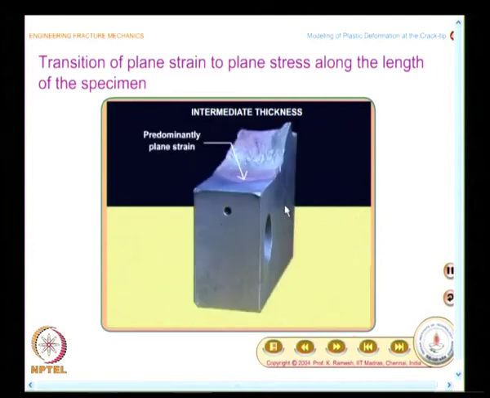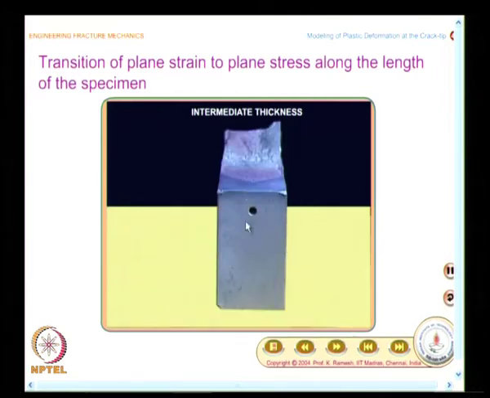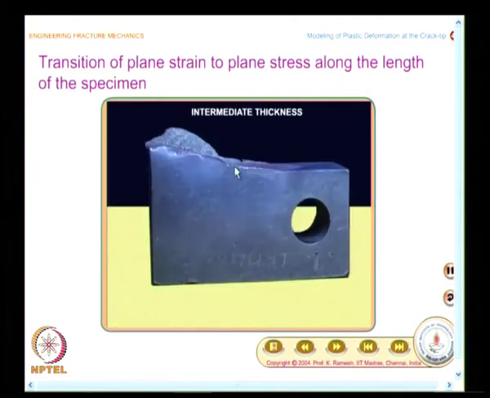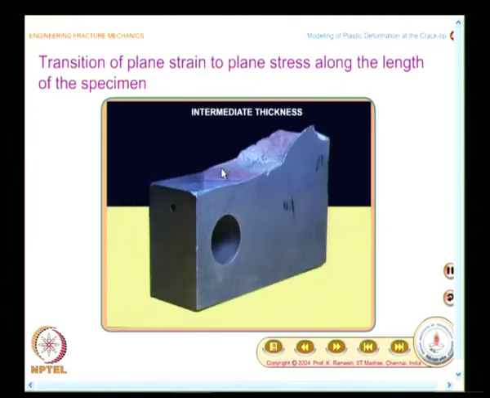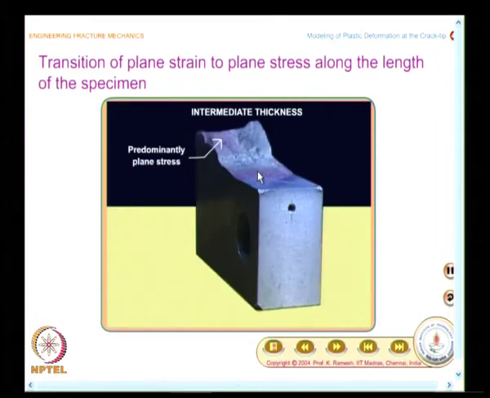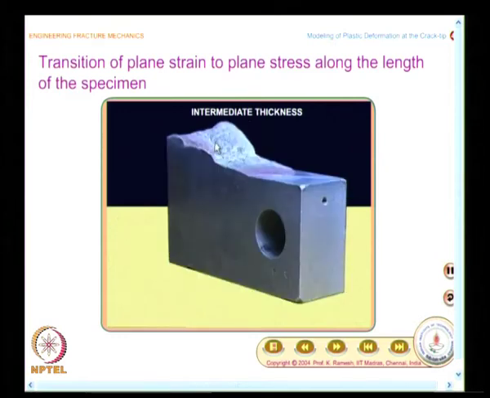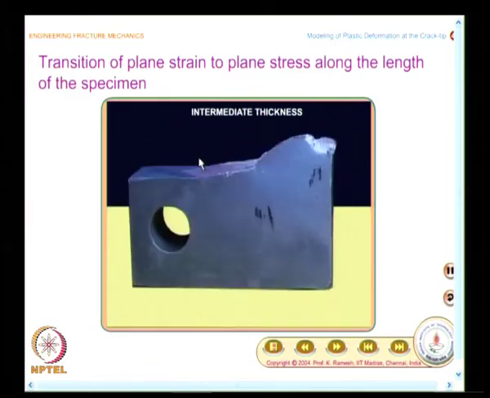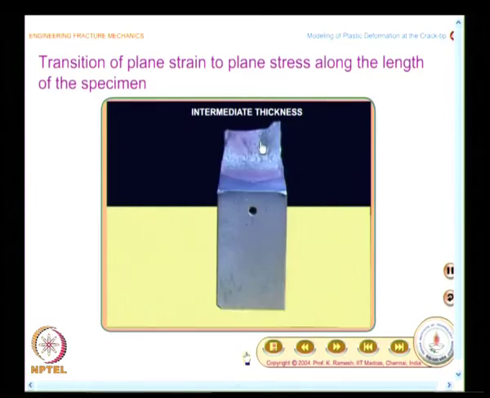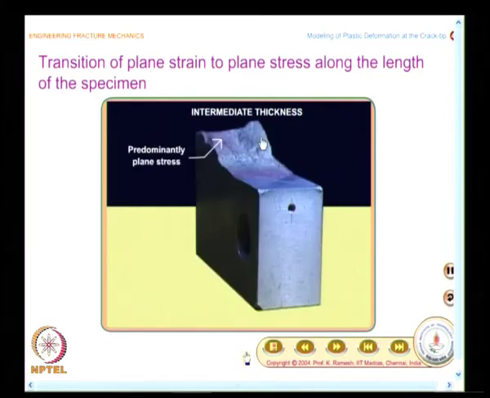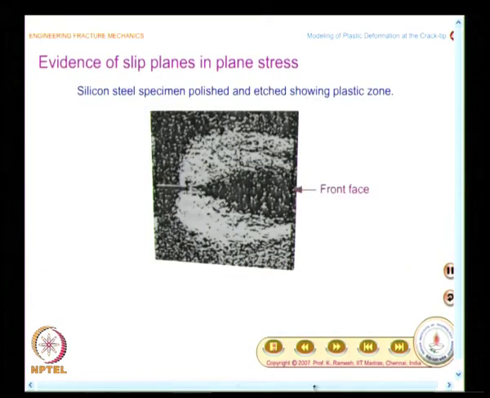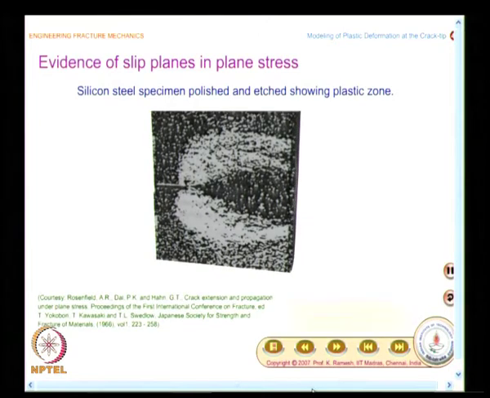And when you actually see a fractured specimen, whatever we have discussed is seen in that. In the initial stages, the crack propagates by tearing, predominantly plane strain. Ahead of the crack, what you find is you have a shear lip. So, you have an experimental evidence, and there is also a very nice set of results reported by Rosenfield and his co-workers.